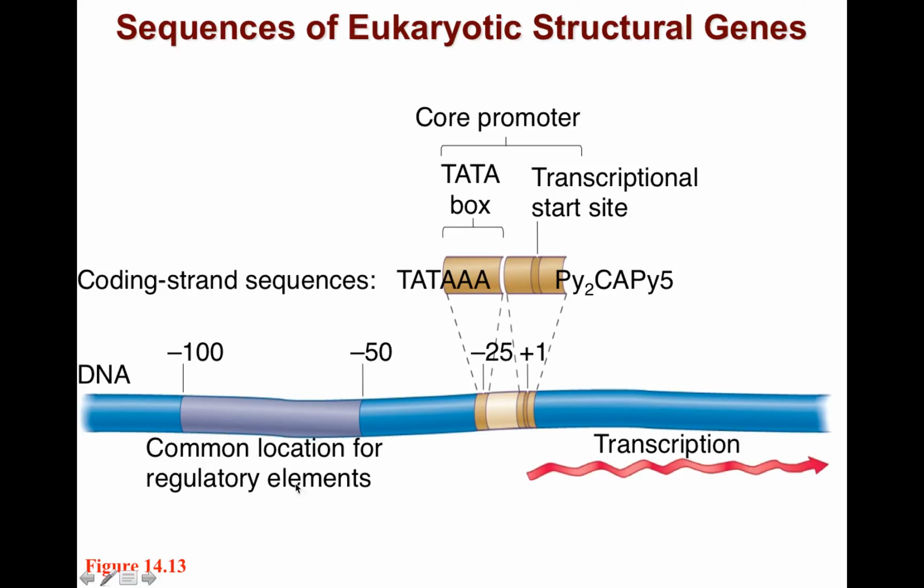Some common regulatory elements are here, and then there are many other sites for specific regulatory proteins to bind to elements in the DNA. They can be close to the start site and they can be very far away, thousands of nucleotides away.